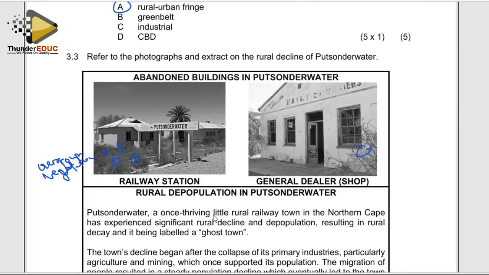There's overgrown vegetation around this place, which shows that it's not working. And if you also look closely, this railway station is not functioning. There's no evidence of activity here, which is also absence of human activity.